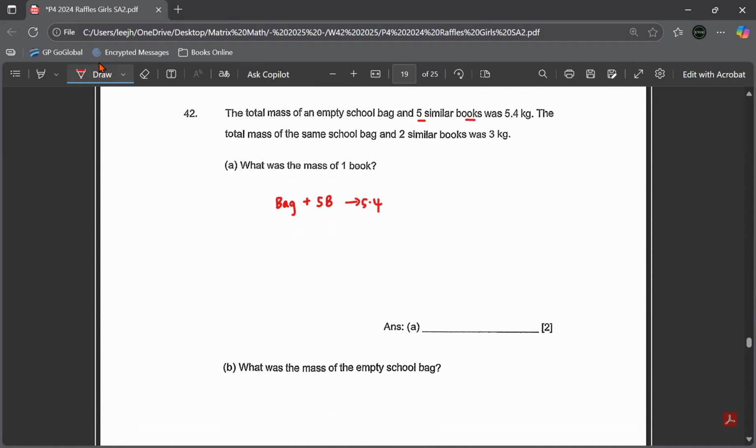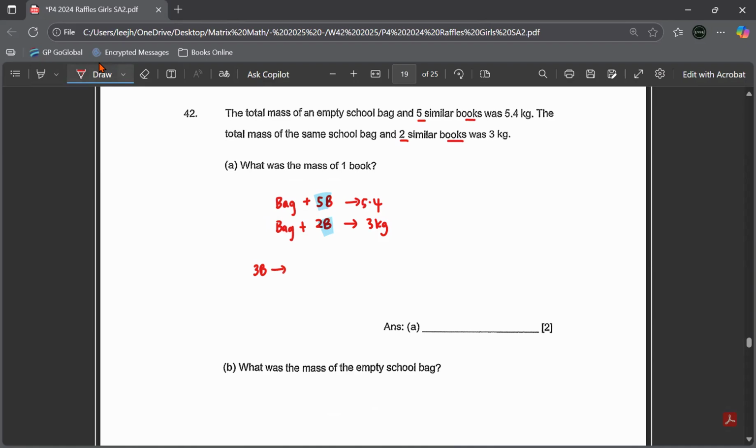5.4 kg. But now the same bag, but now containing only 2 books, 3 kg. So you can see the difference between this and this is actually 3 books.